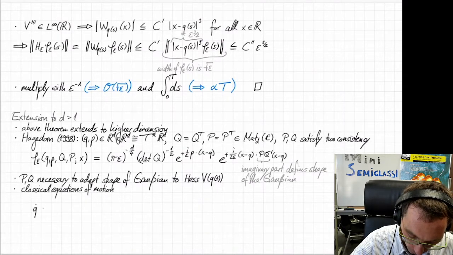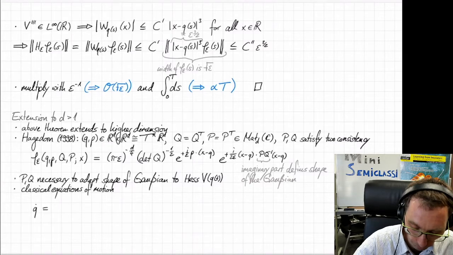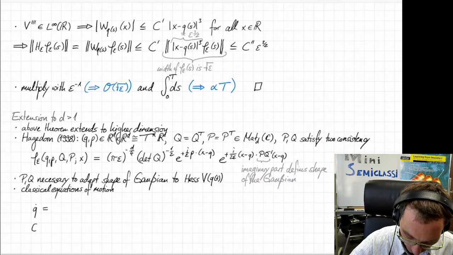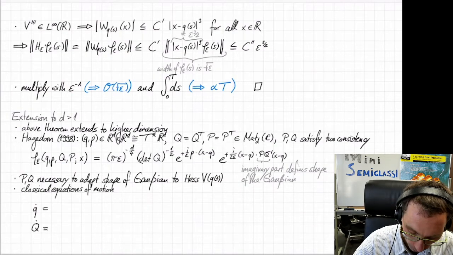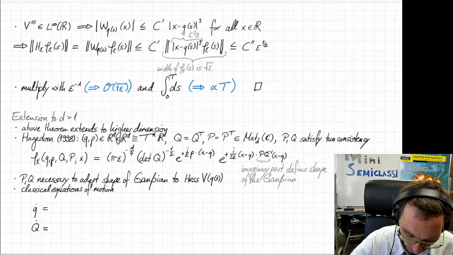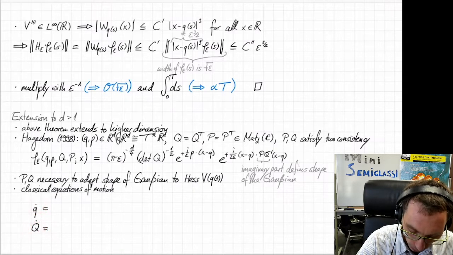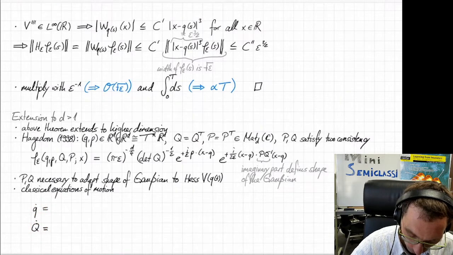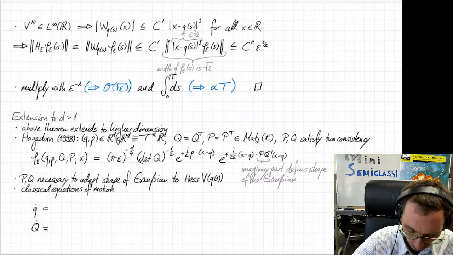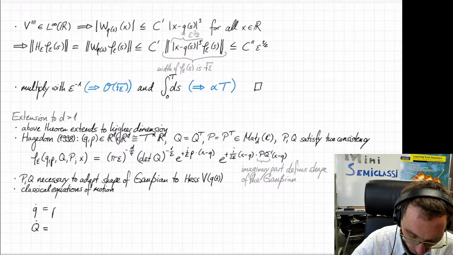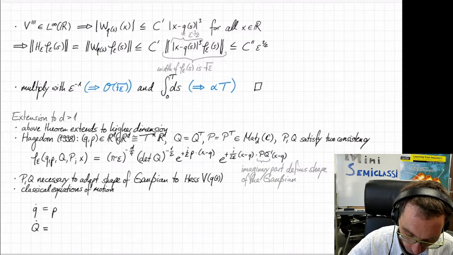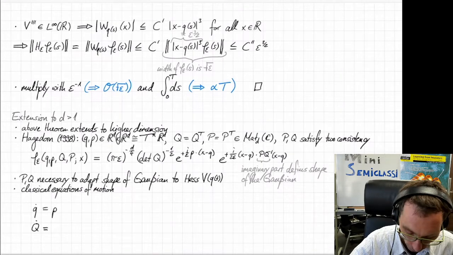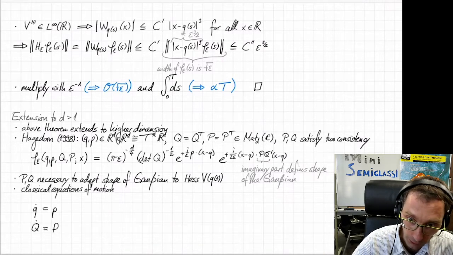And let me now, for simplicity, to be able to compare the equations for small q and capital Q, arrange them in this particular fashion. So q dot is equal to p, since we've set the mass equal to 1. Then the equation for capital Q dot, that is P, capital P, nice.